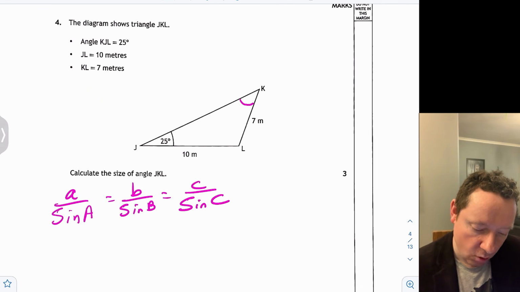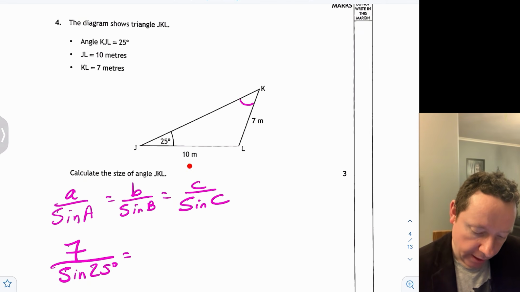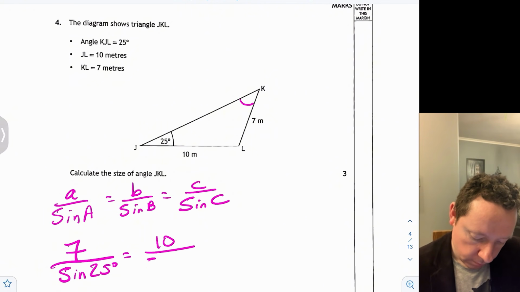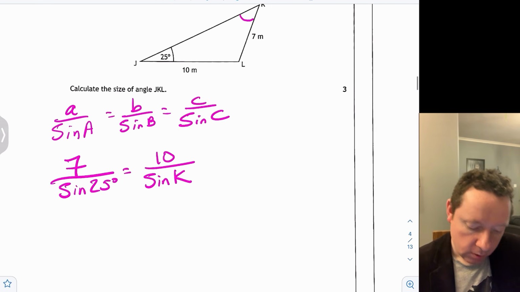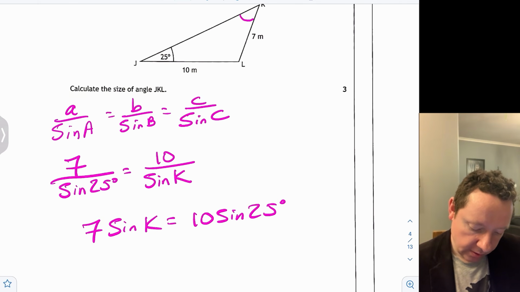So the information I've got is 7 over sine 25 equals opposites 10 over sine K. So we can do 7 times sine K is 10 times sine 25. So that means sine K is 10 sine 25 over 7.